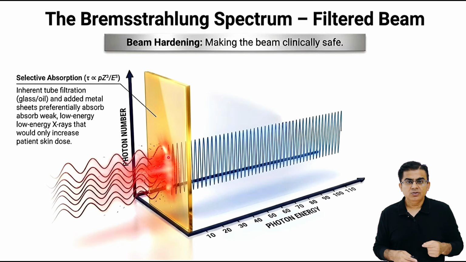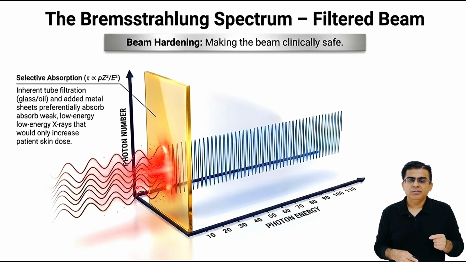As I mentioned before, these low energy photons are extremely dangerous for our patients. They have absolutely no power to penetrate deep into the body or to treat tumors. They will only drastically increase the unnecessary radiation dose to the patient's skin. I will show you the exact physics of how this selective absorption works.